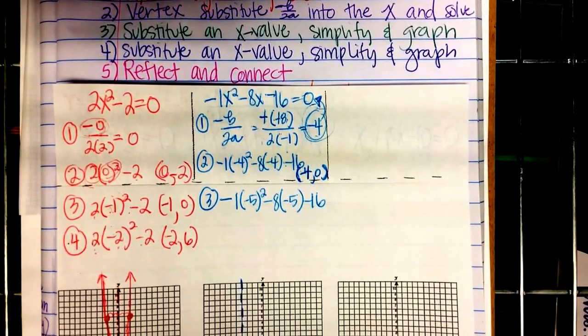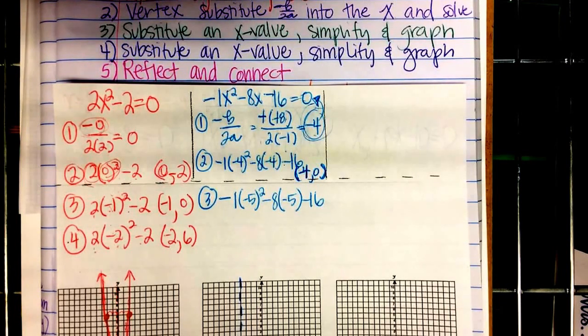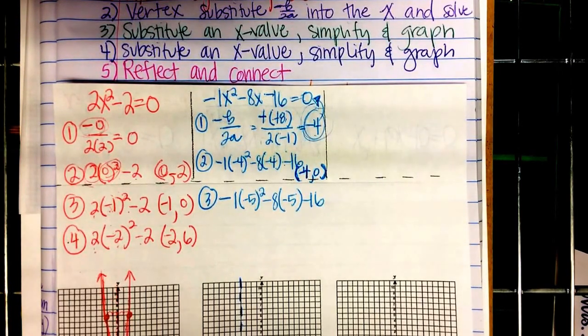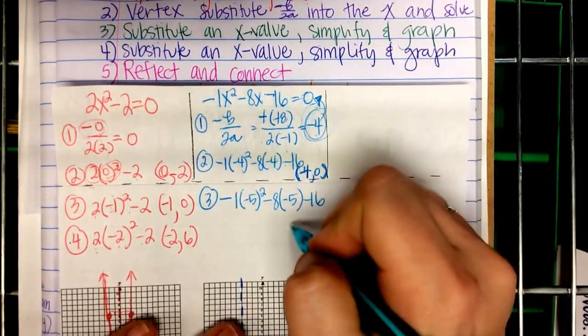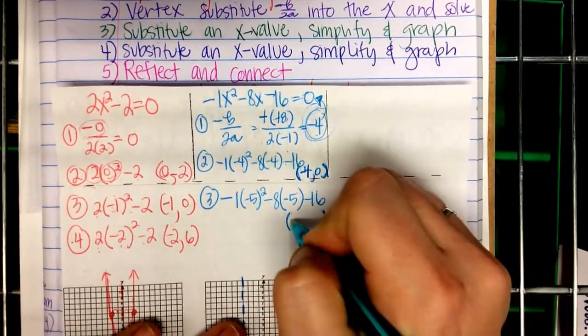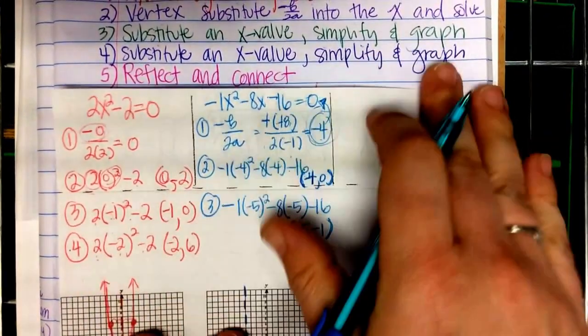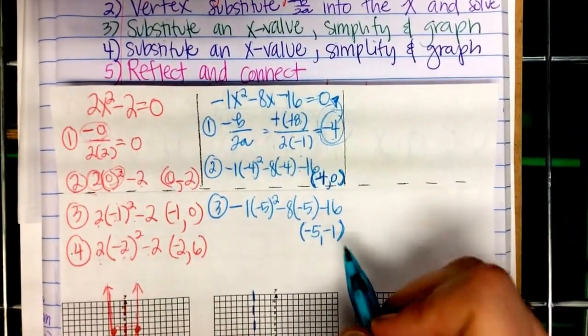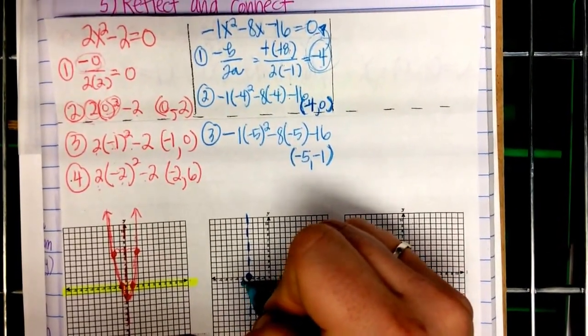So you substitute a value. What is negative 1 times negative 5 squared minus 8 times negative 5 minus 16? Negative 1. So negative 5 goes in, negative 1 comes out. So my ordered pair is negative 5, negative 1.